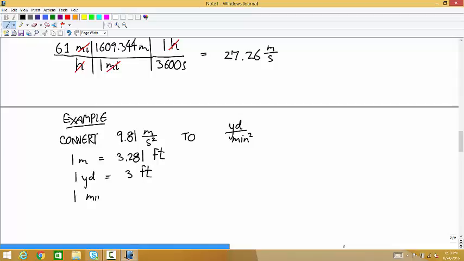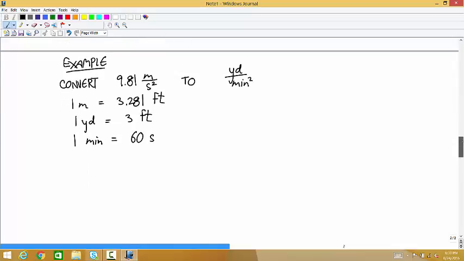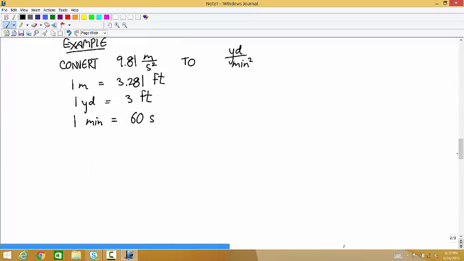And 1 minute is 60 seconds. Okay, so I'm going to start by writing our original quantity as 9.81 times meters divided by seconds squared. And the seconds squared I'm going to break up into seconds times seconds.